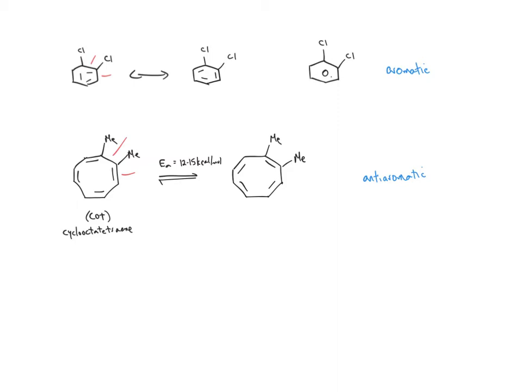Now you might guess that the difference has something to do with benzene having 6 pi electrons, and that the anti-aromatic compound cyclooctatetraene has 8 pi electrons. But that's not entirely the whole story. And we'll come back to how one would predict or define aromaticity in a second.